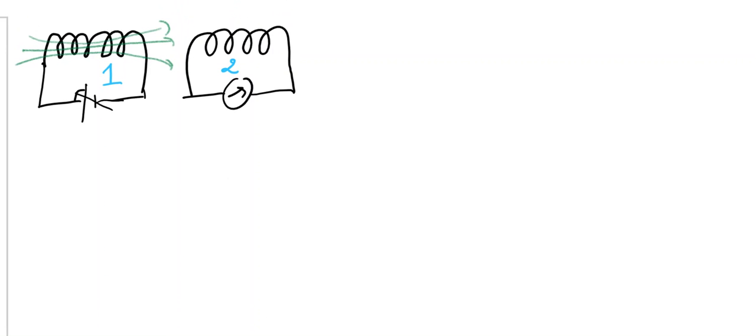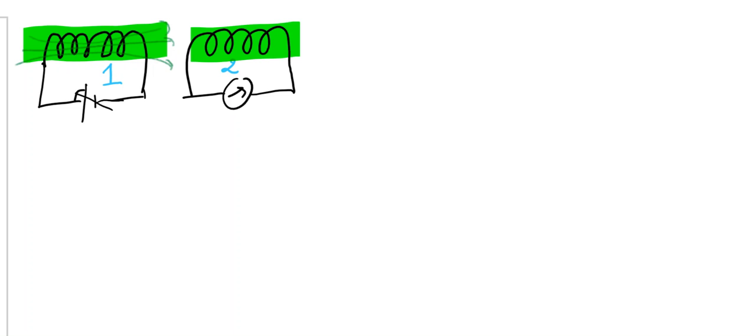A transformer is a device which makes use of this fact, and it has two coils in it, just like in the case of mutual induction, but there are some small differences. In this particular figure, whichever field lines are produced, the complete flux is not linked with the second coil. So there is some loss of magnetic flux.